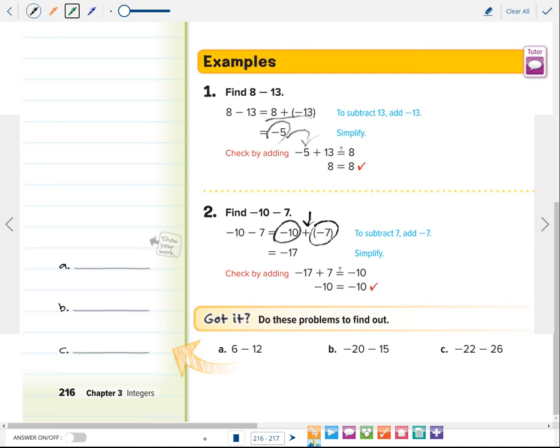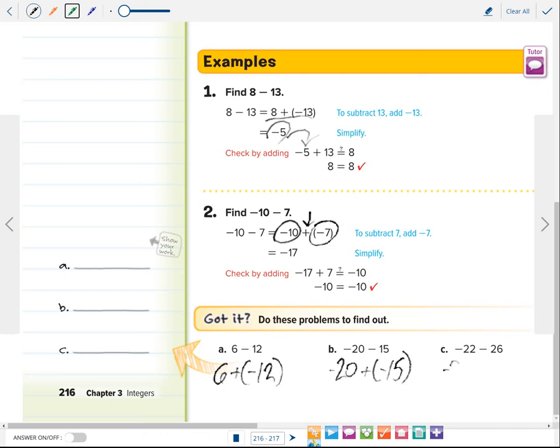If you guys have room, you can use that. So this is what you should have written, whether it was over on the left side or below it. You should have 6 plus, parenthesis, negative 12. For this one, you should have written negative 20 plus negative 15.